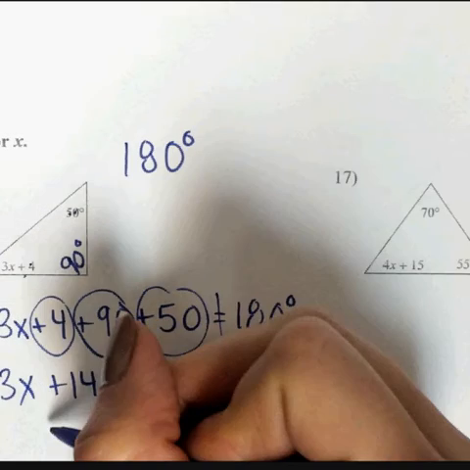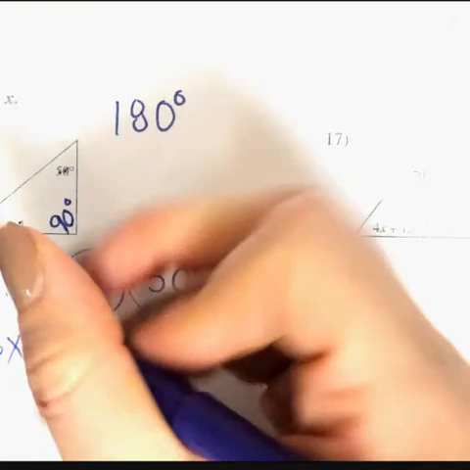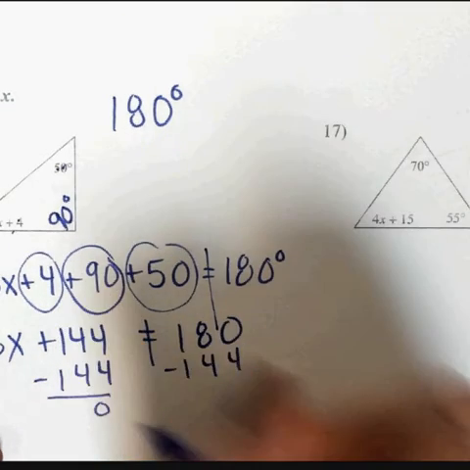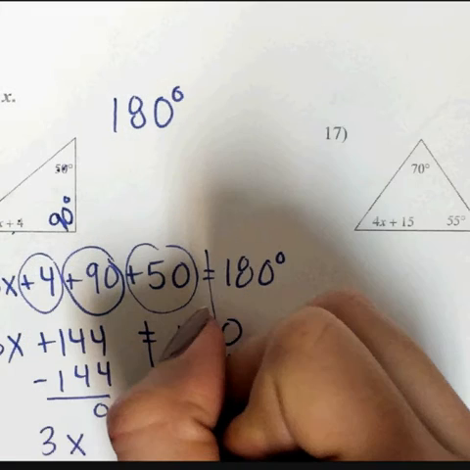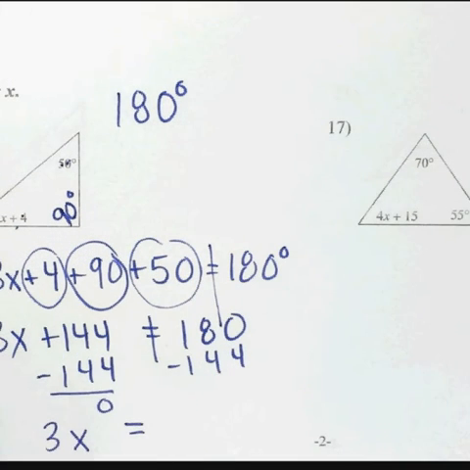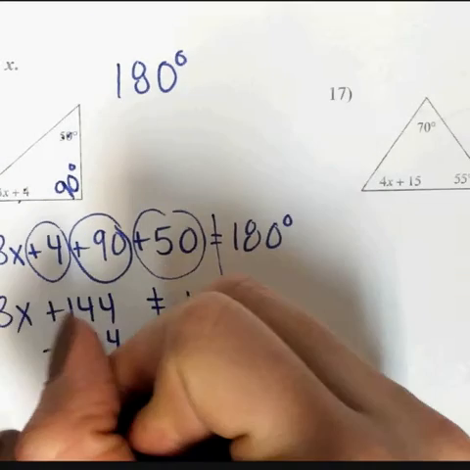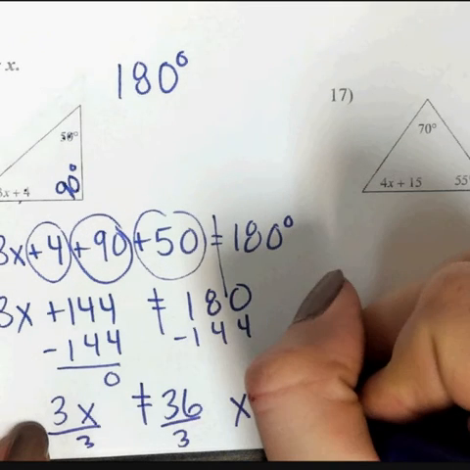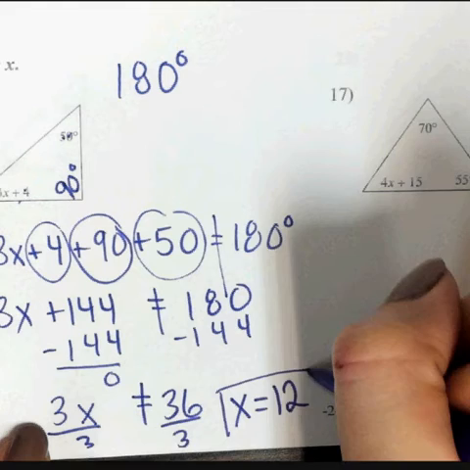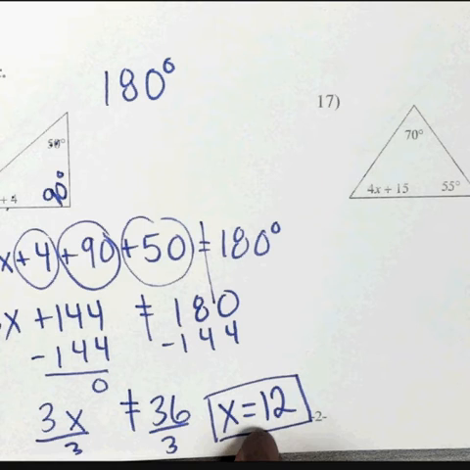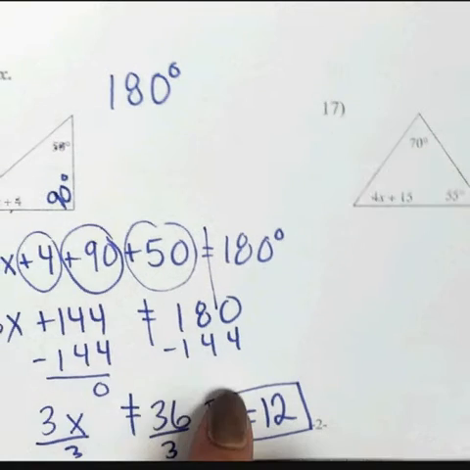Then I don't have variables on both sides, so I'm just going to subtract 144 from both sides. 3x equals, and then you do 180 minus 144, and you get 36. Then I'm just going to divide by 3, x equals 12. So we were asked to solve for x, that's what we did.